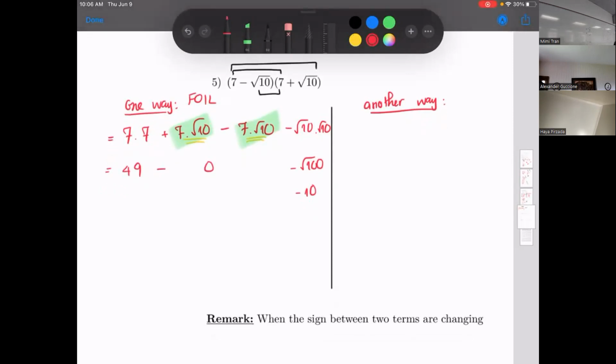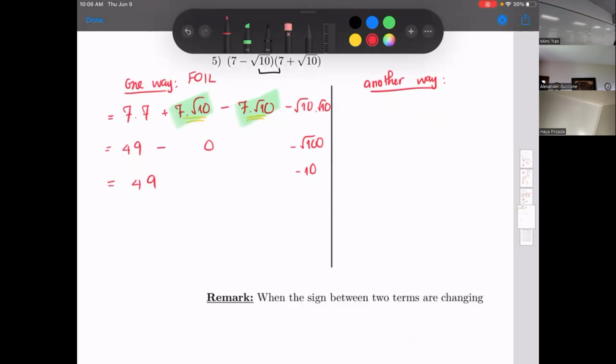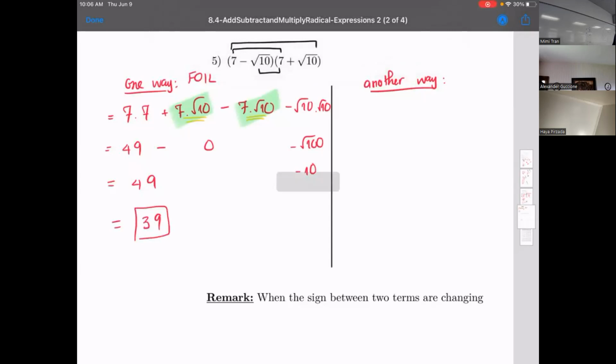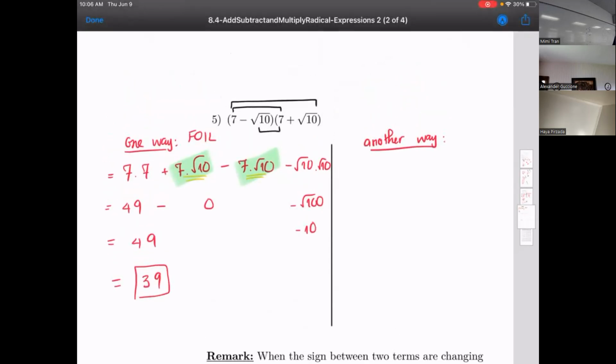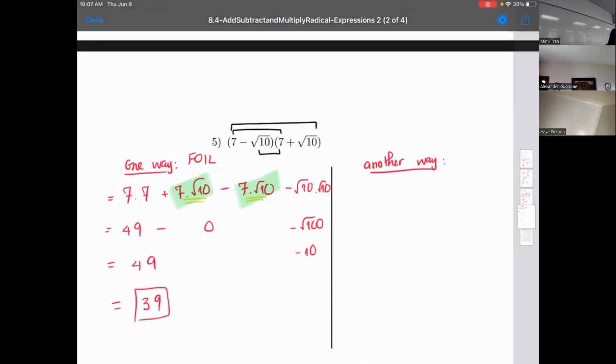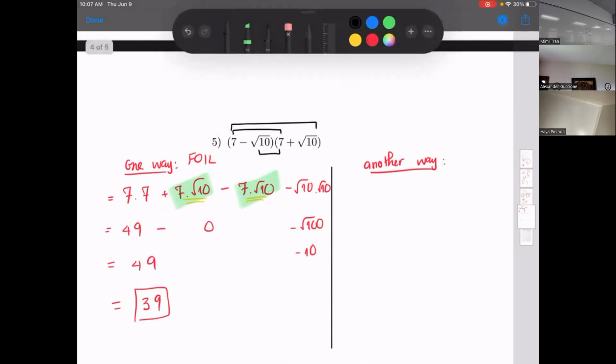And then combine like terms. So 49 minus 10, which is 39. So that's one way. That's the FOIL way that you know always works. Now, another way: if you see something like that, they're all the same. The only thing different is the sign between the numbers. Do you think of a formula that you've seen before?